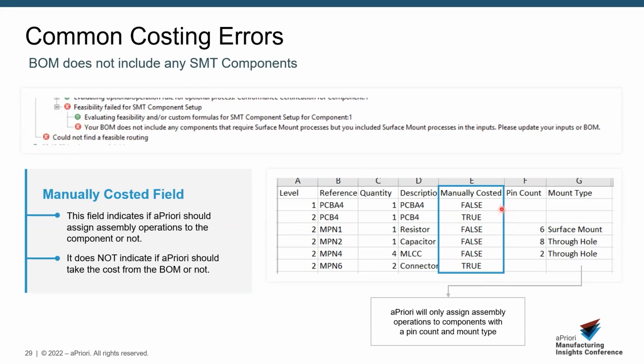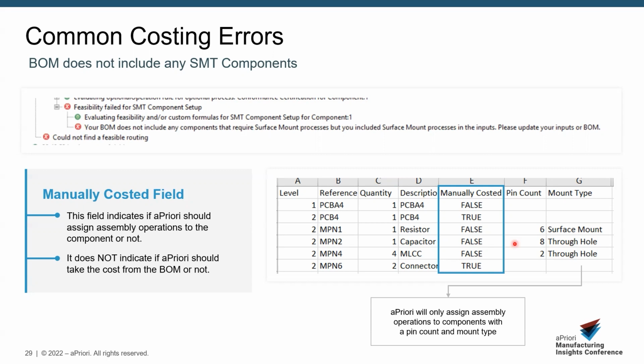A lot of customers will set this field to true because they say, well, I want a priori to take the cost estimate from this bill of material, so I'm going to set manually costed to true. But that's not what it's for. Manually costed is meant to be used when you've got components that do not have a pin count, so a priori cannot automatically assign operations to them.